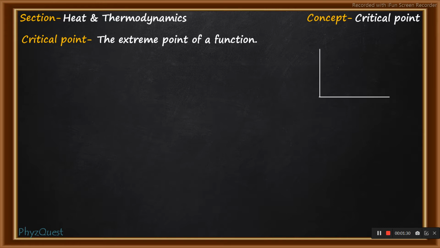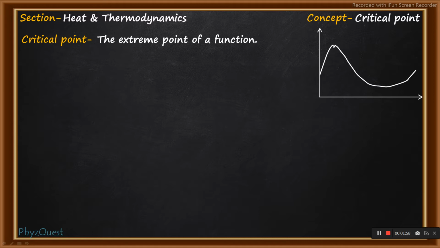Suppose we have a curve like this. You can see it has two extremes, a maximum value and a minimum value. What signifies this critical point is that there is no change in the function at that point. If you see the top or the bottom, there is no change in the function.